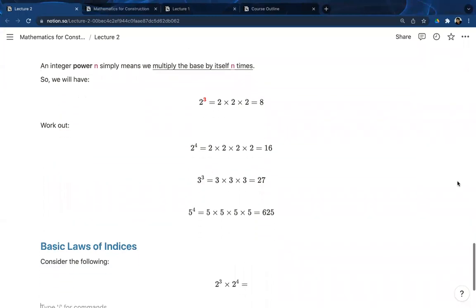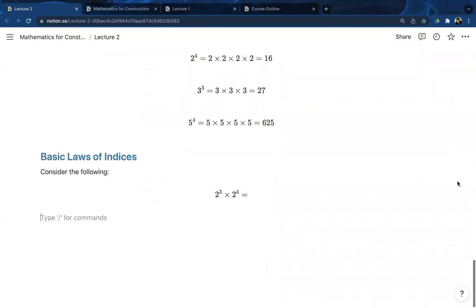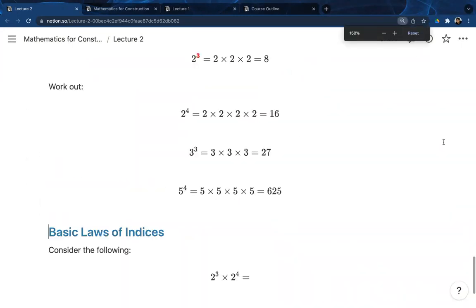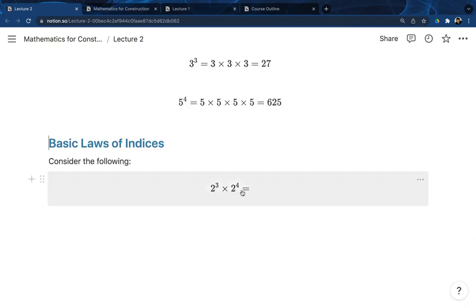So let's look at some basic laws of indices. Consider the following: 2 cubed multiplied by 2 to the power 4. So let's write what this means.